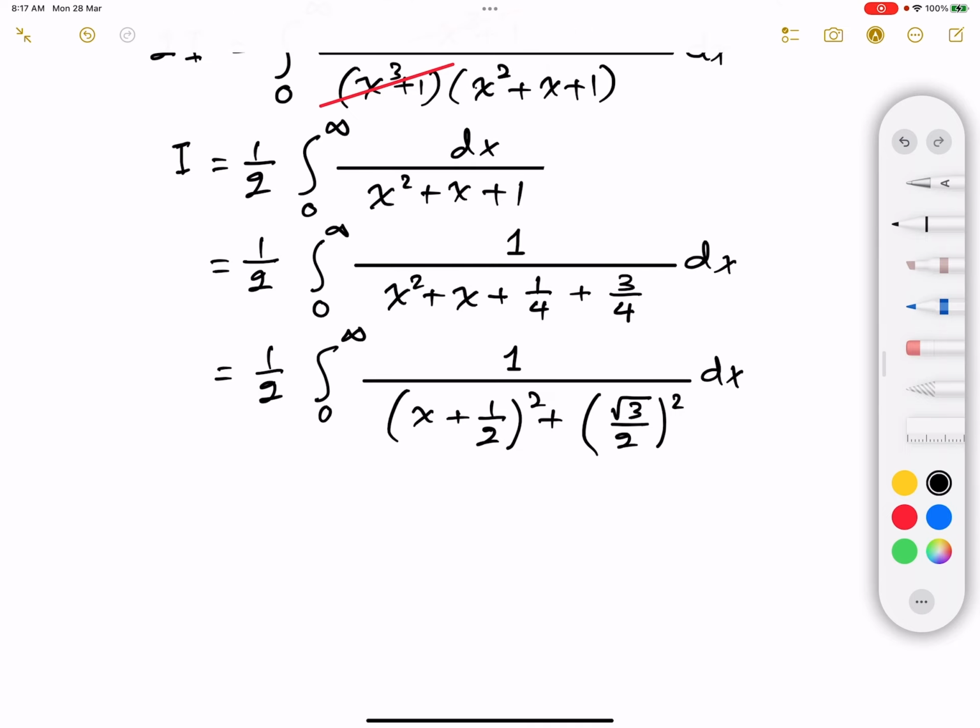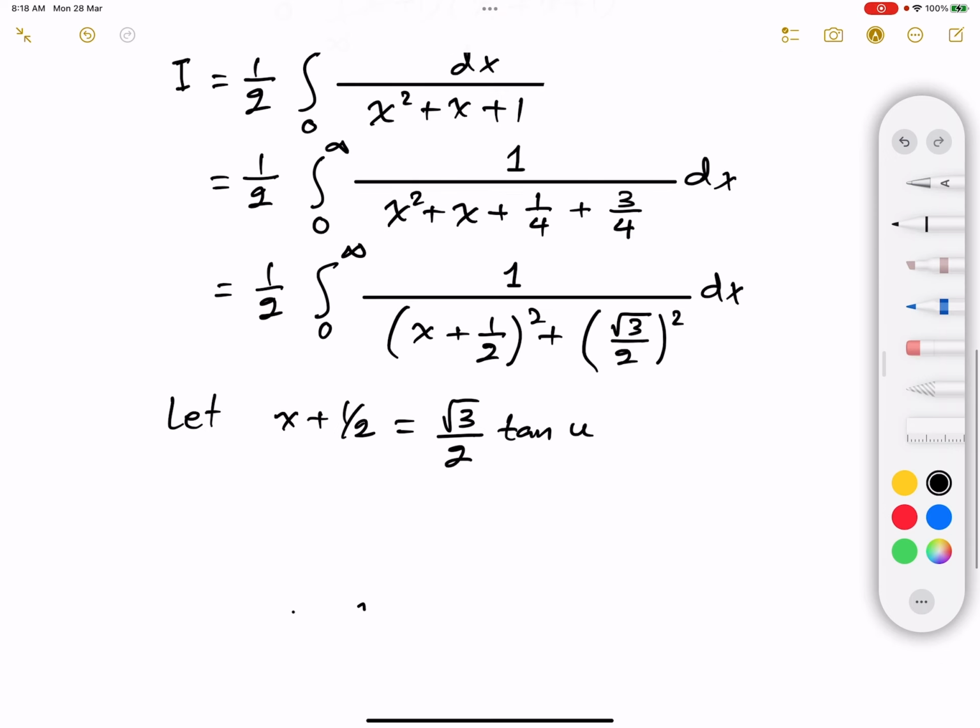Now what we can do is the tangent inverse substitution. Of course we can use the direct formula here, but let's do it using trigonometric substitution. So we're going to let x plus half equal the square root of 3 over 2 tangent of u.